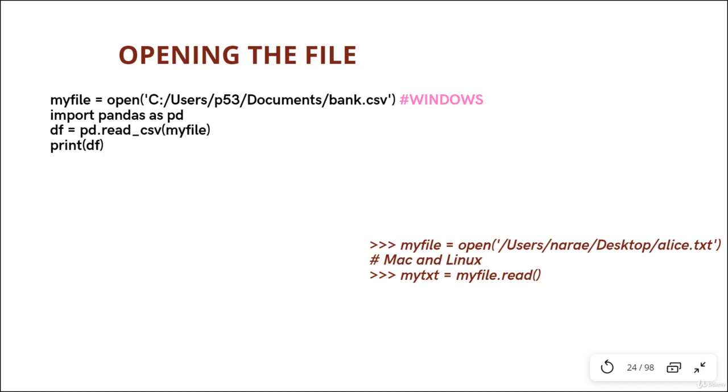And then the read command is different. There we use pd.read_csv, but here you have to use myfile.read. If you do not use myfile.read in Mac or Linux systems, it will not work. So the way of opening files in Mac and Linux systems is a little different. If you're running on it, then it is important that you take note of it.